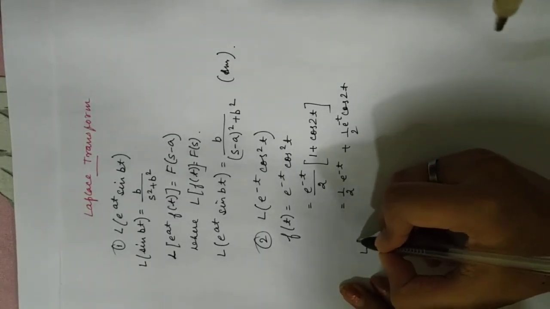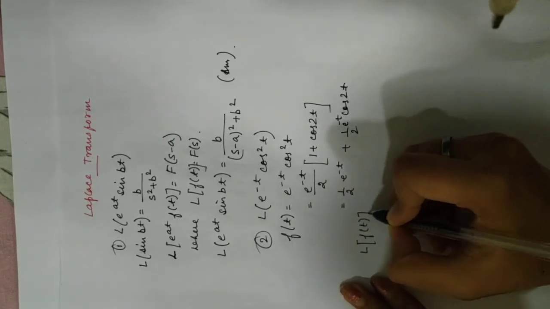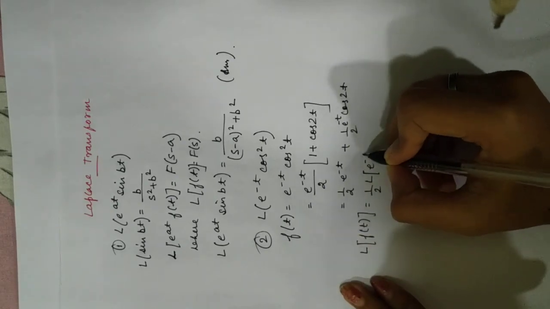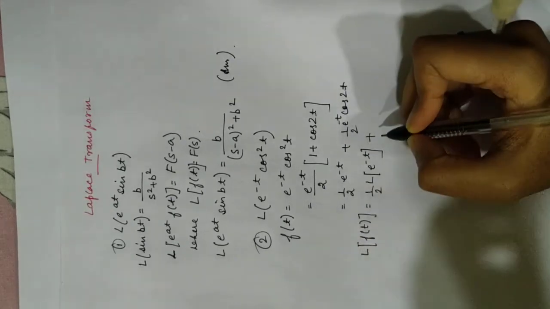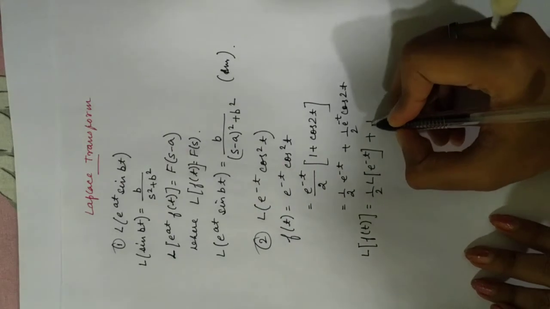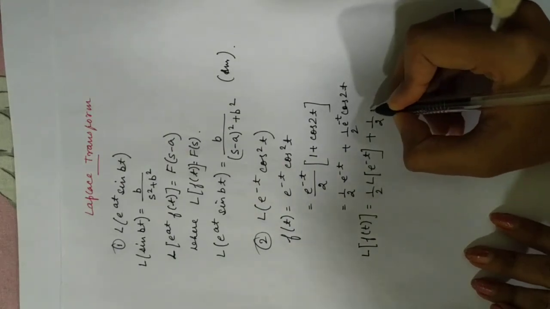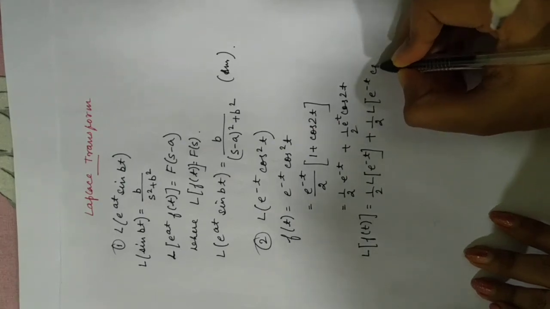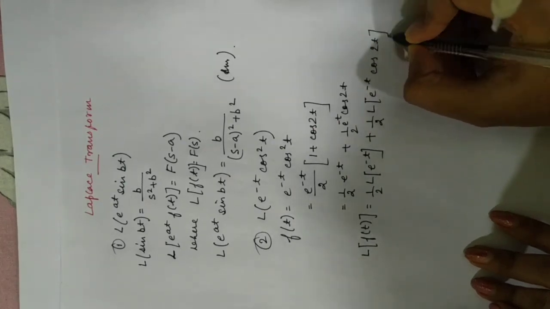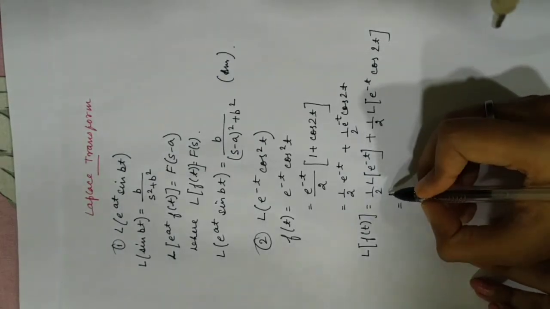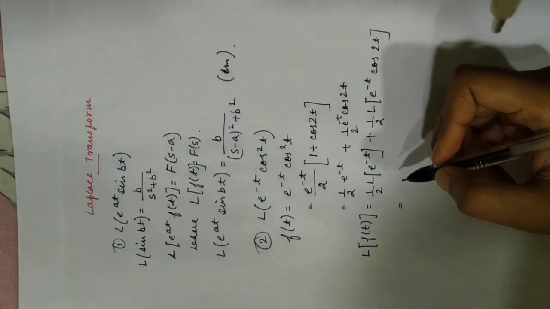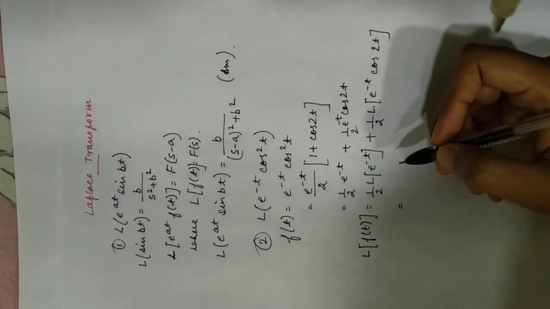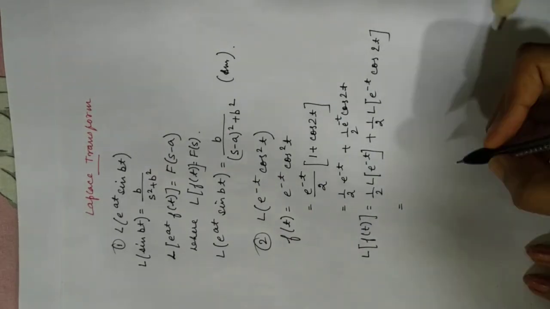So the Laplace transform of f t becomes the Laplace transform of e to the power minus t. Even this we had derived in our previous class, that the transform is a linear transform, right? So we can write it like this: e to the power minus t cos 2t. This we straight away get from the Laplace transform of the exponential function, like we have done in our last class.